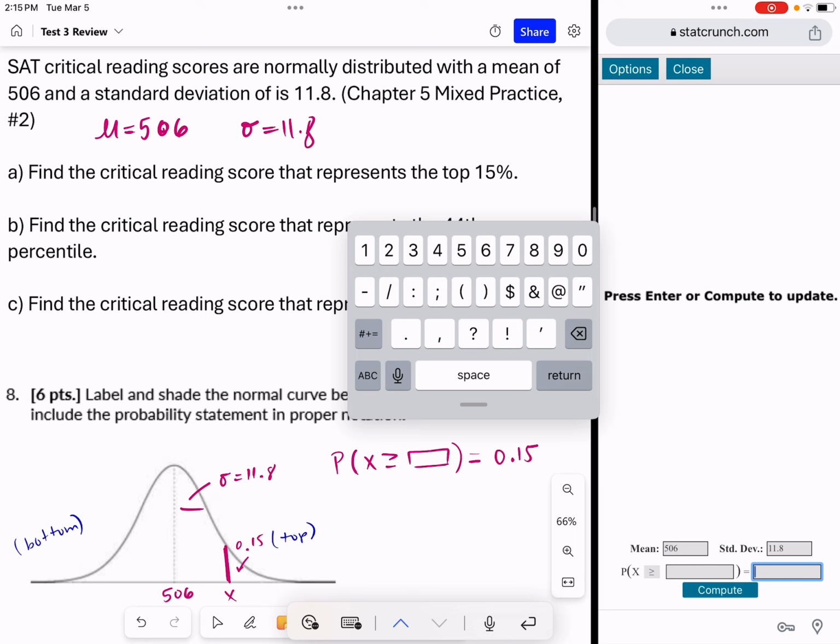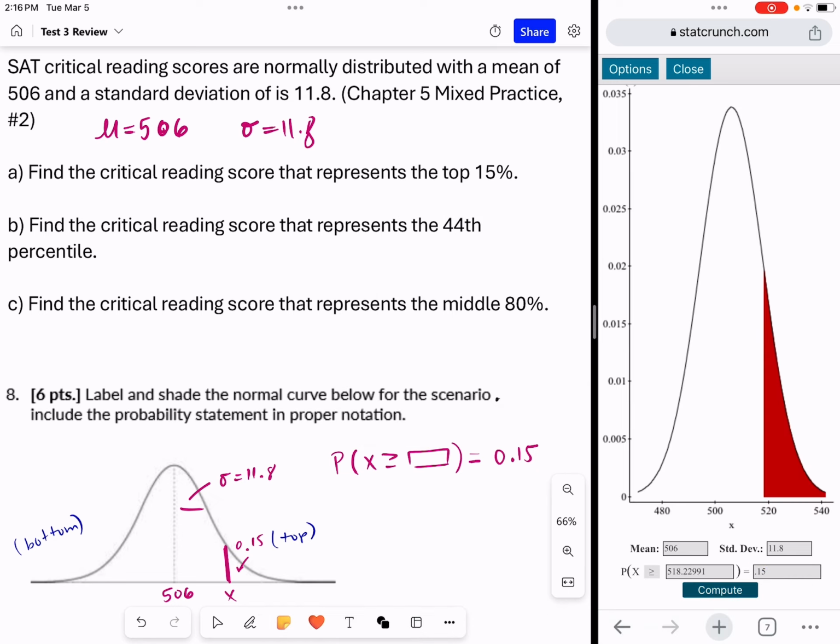I'm going to put in 0.15 over here on the right side of the equal sign. And so that's going to be a score of 518.2. It doesn't have a rounding on this specific question, so I'll just go to 1 decimal place.